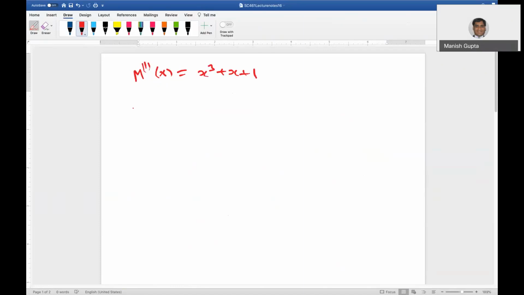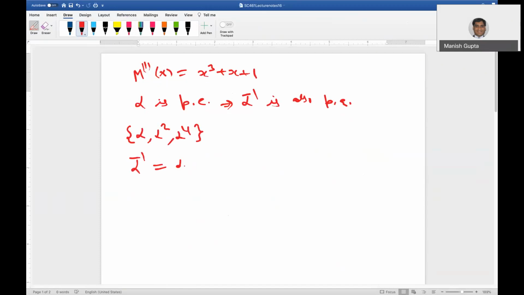Now we know that if alpha is a primitive element, so is alpha inverse. So now we know that alpha square and alpha to the power 4, these are the primitive elements. So alpha minus 1 will be what? Alpha raised to power 7 minus 1, which is nothing but alpha raised to power 6, right?